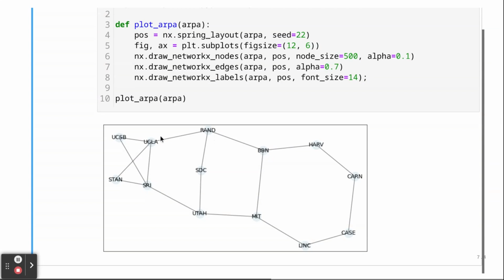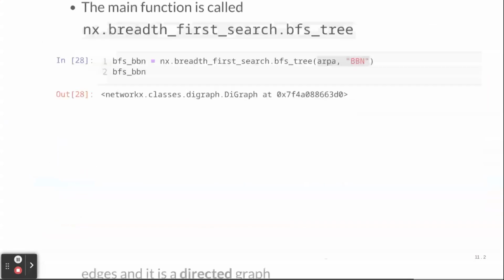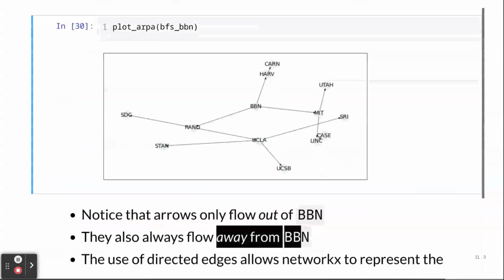We could go RAND, UCLA, Stanford, like we just talked about. But we could also go MIT, Utah, SRI, Stanford, or RAND, UCLA, UCSB, SRI, Stanford. So there are many paths in the original undirected graph going from BBN to Stanford. But this particular directed graph is telling us, if you want to get there the shortest way possible, this is the best route to take.